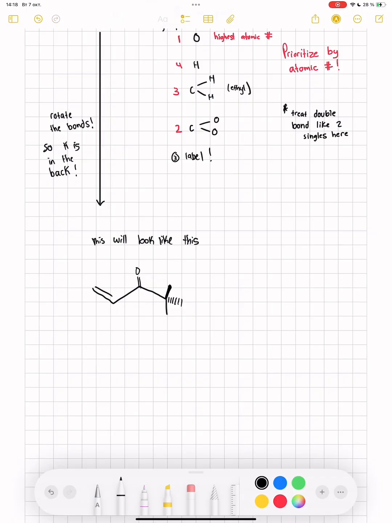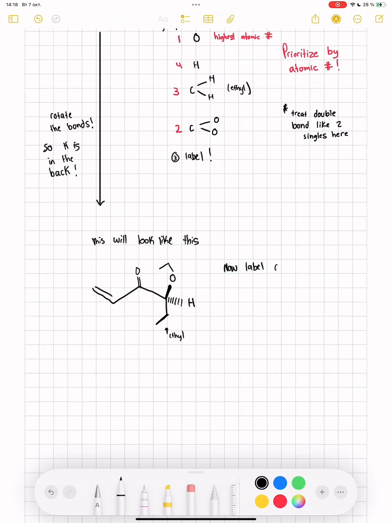So, okay. Now, hydrogen is going to move where the oxygen was. Remember, we are rotating up. So hydrogen is now in the back. Where hydrogen was, this is where our ethyl is. I'm just going to label it so you can see it, and it's not just a random line. And this is where oxygen with its ethyl group is pointing out. There you go. Now we can prioritize and label properly.